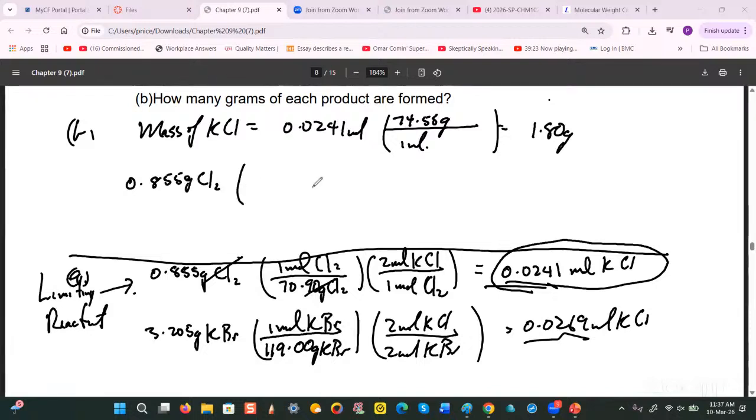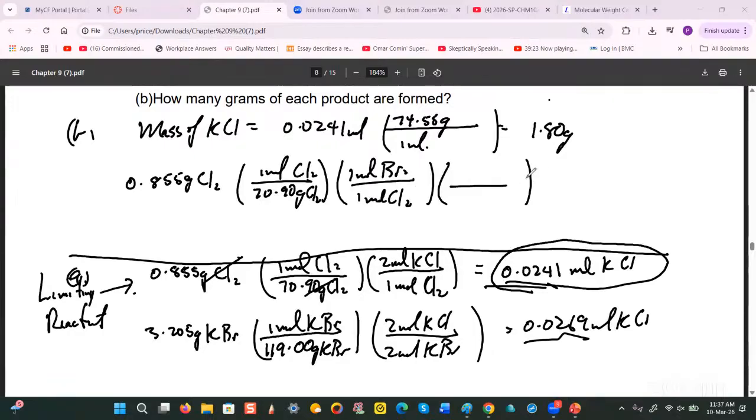Convert that to moles: 1 mole over 70.90 grams of chlorine. The next conversion factor is the mole ratio between the chlorine and the bromine, which is a 1-to-1 mole ratio. So we have 1 mole of Br2 above and 1 mole of chlorine below. Then we multiply this by the molar mass of bromine.